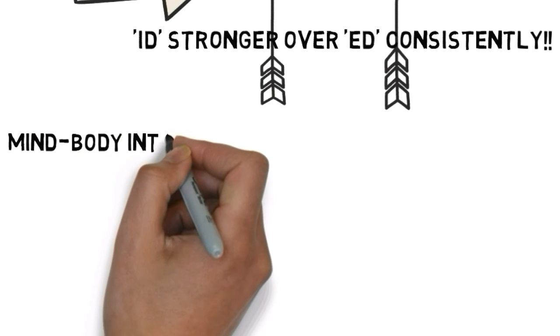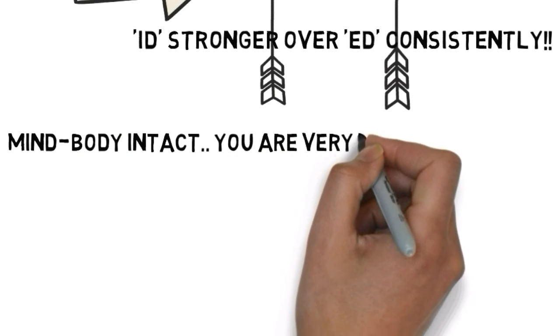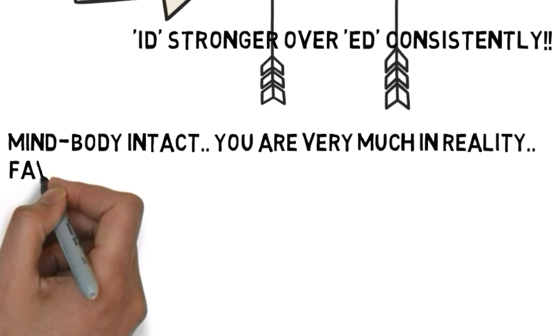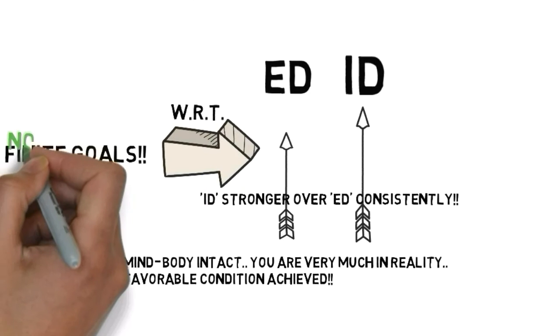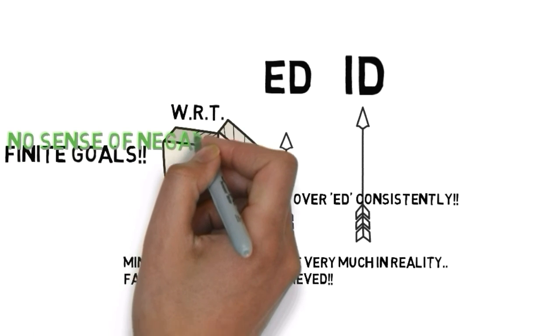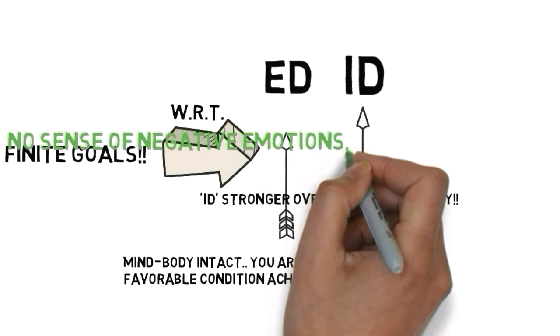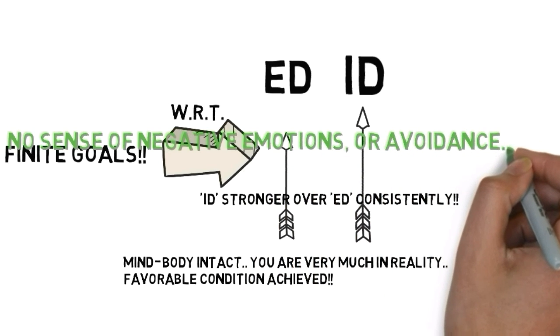Hence, you are living more and more in the present moment rather than aimlessly roaming in the future, unlike the previous case when you set the goal at the ultimate success, that is getting the job. You'll find your mind-body system completely intact, even improving on passage of the goal intervals.